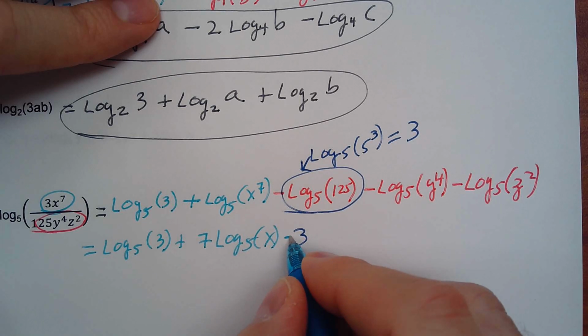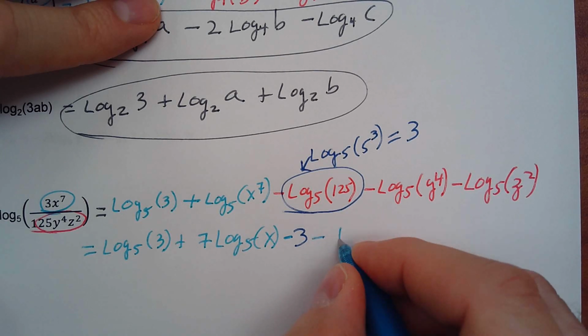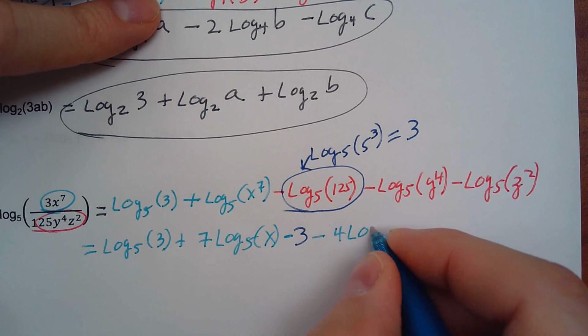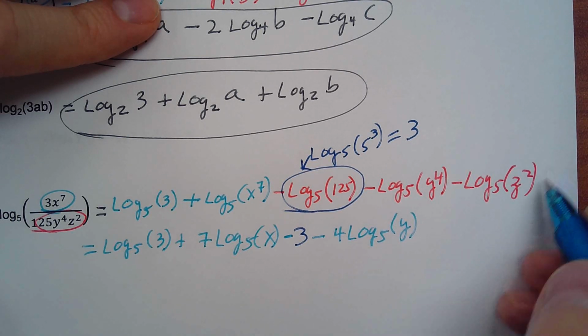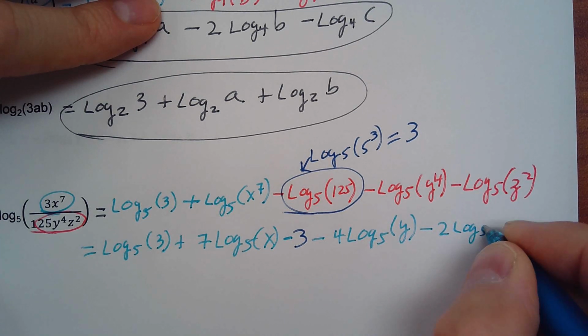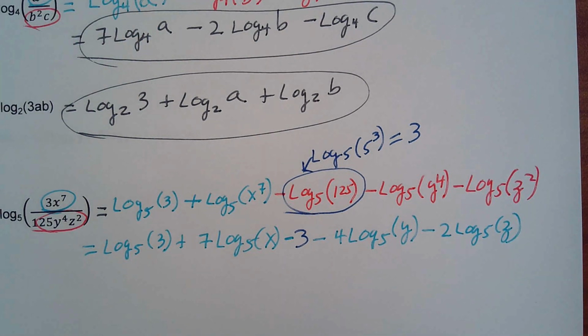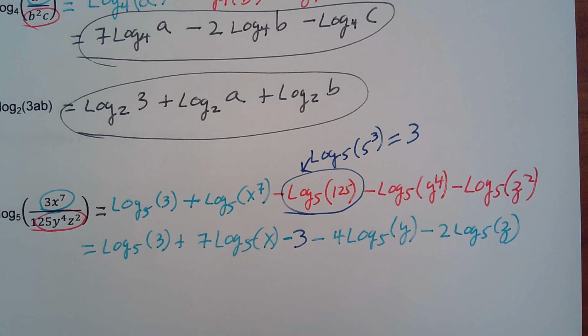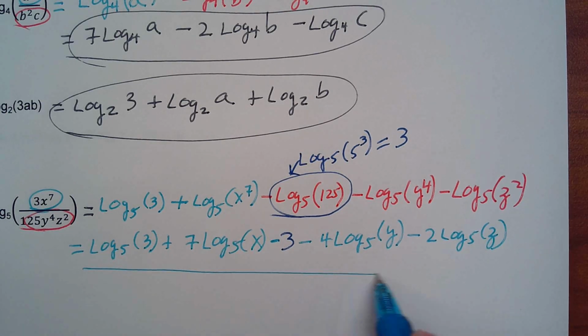This was a minus here. And then I could bring the 4 in front, minus 4 log base 5 of y. And I can bring the 2 in front, so minus 2 log base 5 of z. Alright, so let me circle that, so that'll be your answer.